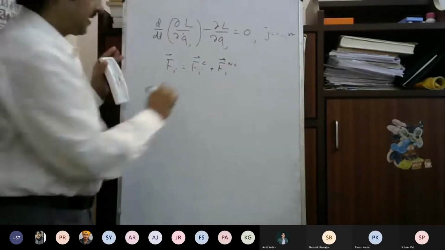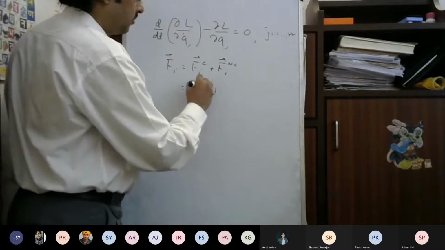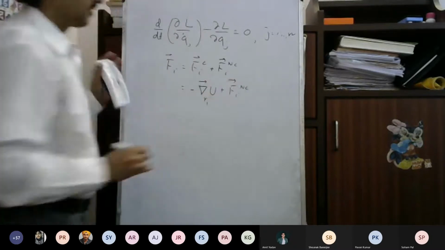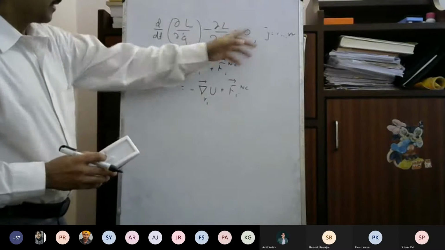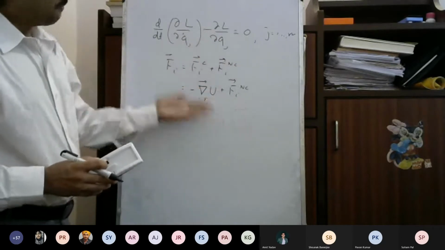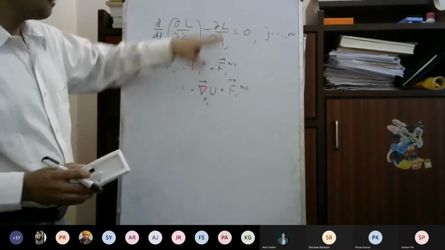So for the conservative component, this becomes equal to minus delta, this is RIU plus FI NC, the non-conservative part. For the conservative part, since it is linear with respect to Fi, we'll consider this total potential energy and it will be like that.